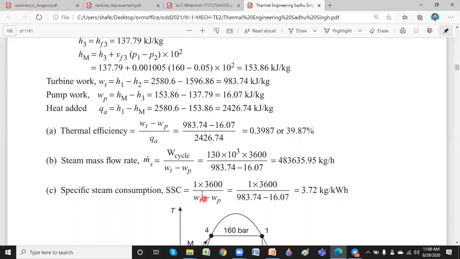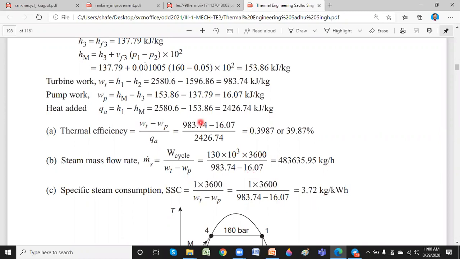For that you just take 1 into 3600 by Wt minus Wp. So this is the formula given for specific steam consumption. I know what is turbine work, I know what is the pump work. 1 by this, per second you convert into hour. So the value of specific steam consumption is 3.72 kg per kilowatt hour.